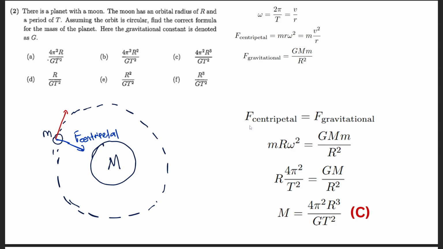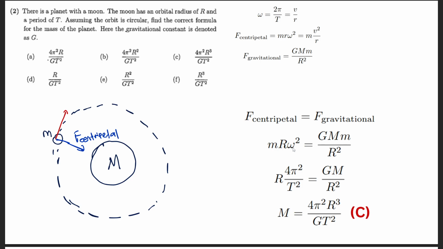Between these two equations, since the answers have 4 pi and T, we need to use the equation that has the T. So we need to use m r omega squared for F centripetal, and we can write F gravitational as G M m over r squared.